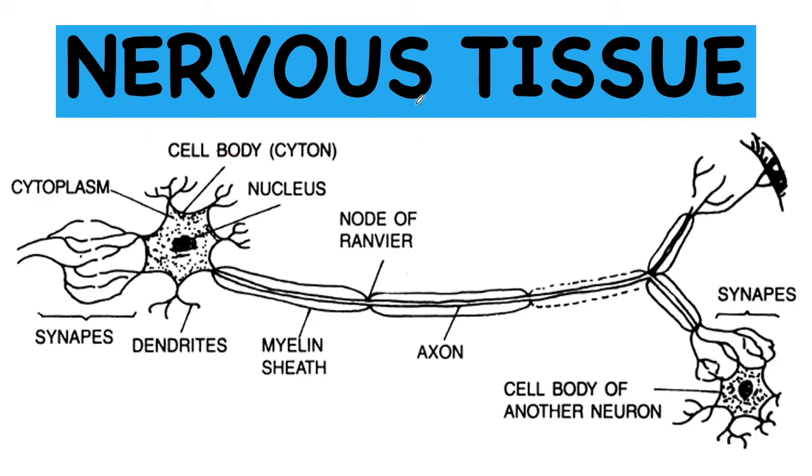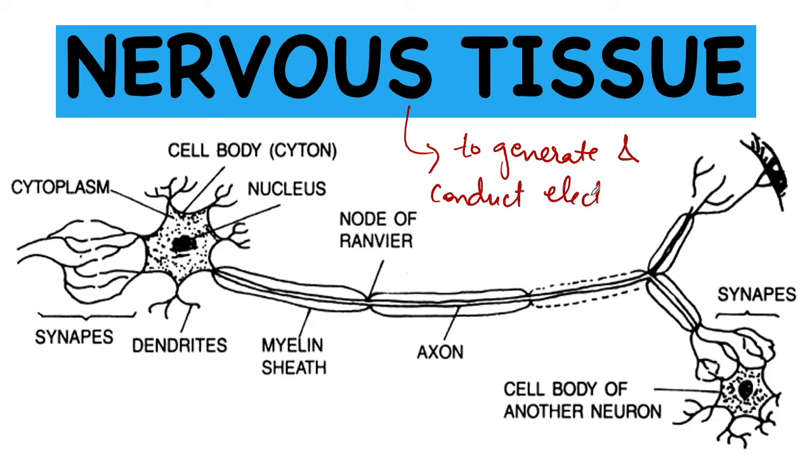This tissue is the main part of our nervous system and has the ability to generate and also conduct electrical impulses or signals in the body. So the main function is, I am writing here, to generate and conduct electrical signals or impulses in the body. This is the function which it performs.